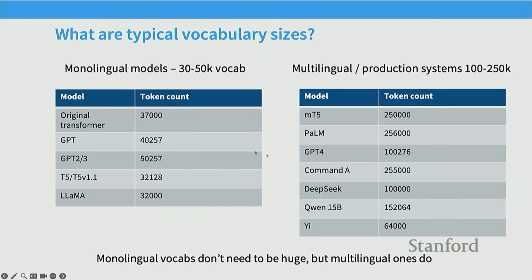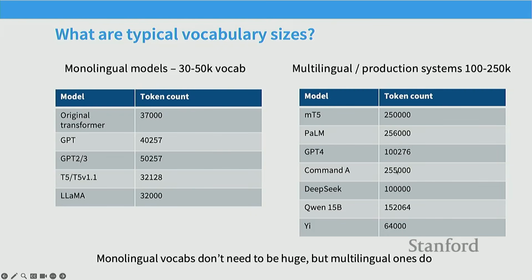And so I think some of the earlier models, and especially monolingual models, ranged around the 30 to 50,000 token vocabulary range. You can see this in GPTs, the early Llamas. But if you look at the multilingual, or what I would call production systems that have come out, they've all been shifting towards the 100 to 250,000 range for their vocabulary sizes.